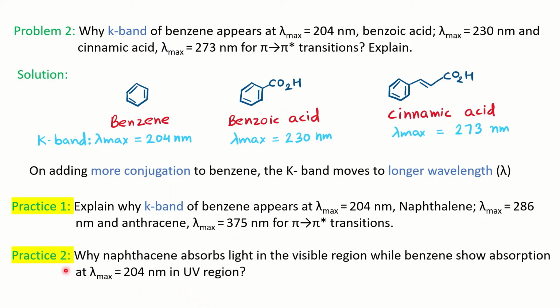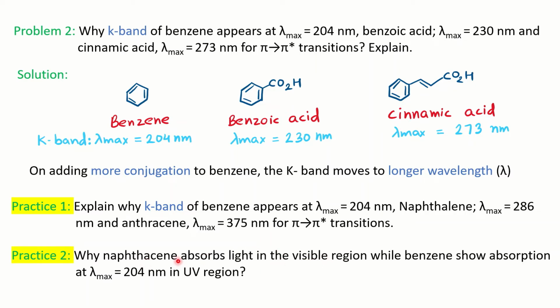This is another practice question. Why naphthacene absorbs light in visible region while benzene shows absorption at 204 nanometer in UV region? Naphthacene has 4 aromatic rings, right? So compared to naphthalene, the conjugation is more extended, 375 till 400 nanometer. You have UV range, from 200 to 400 nanometer, near UV range, and from 400 to 800 nanometer, it is the visible region.